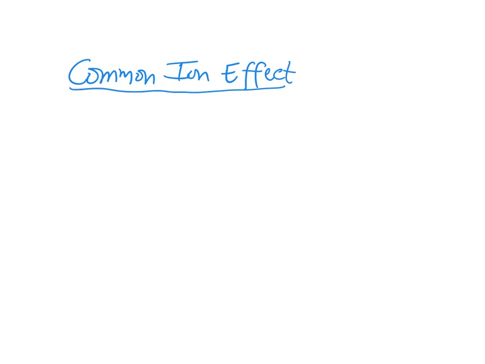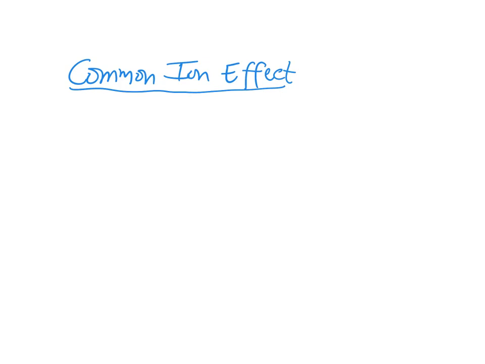The other important idea from chapter 16, which goes a little bit into chapter 17, is this concept of the common ion effect, which simply is the idea of what happens to the pH of a system if you have a mixture of conjugates. We'll talk about that a little more when we start into chapter 17.